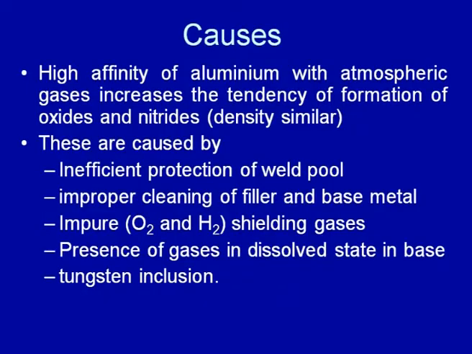When these reactions take place, the things which promote the formation of oxides and nitrides during the welding of the aluminum alloys include the inefficient protection of the weld pool.